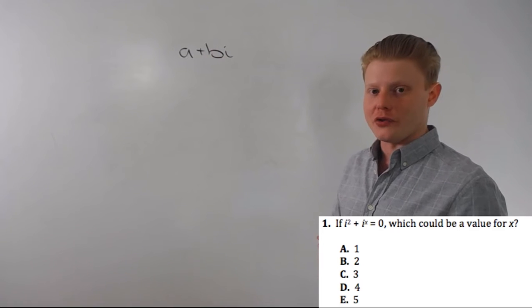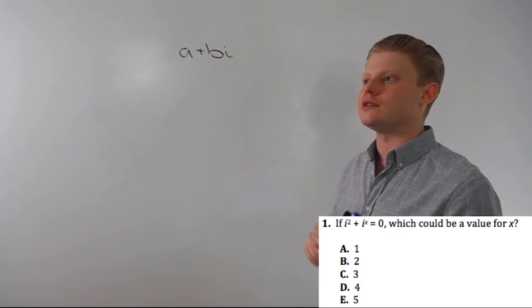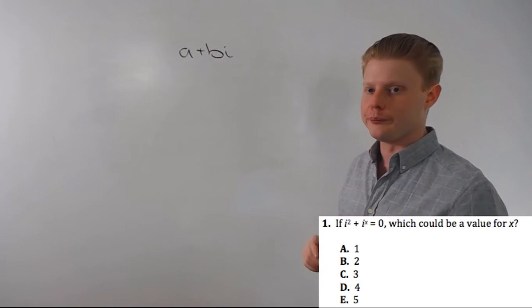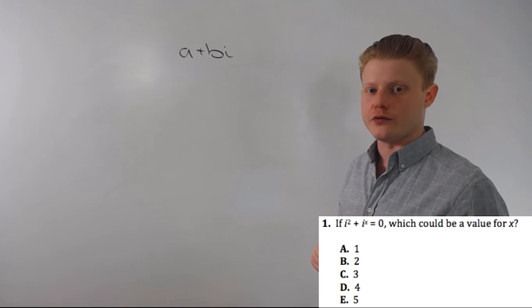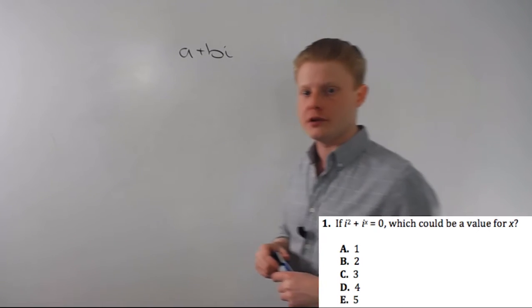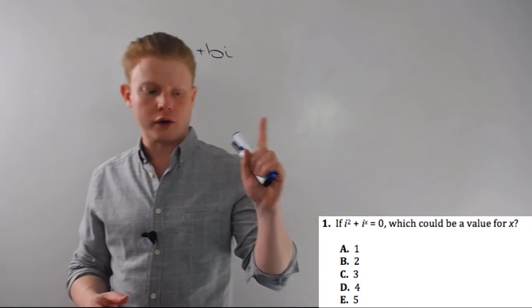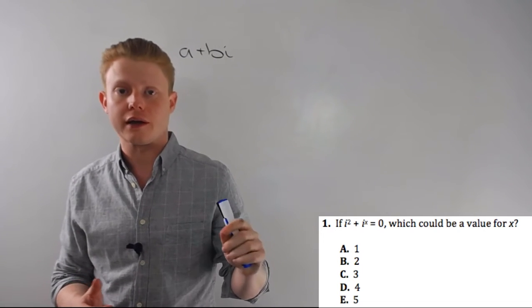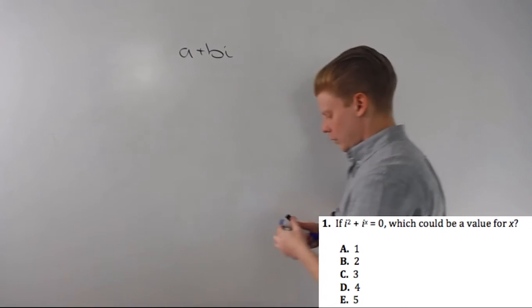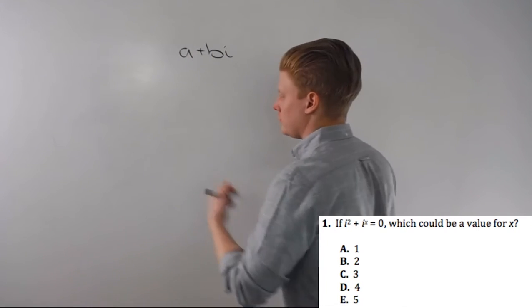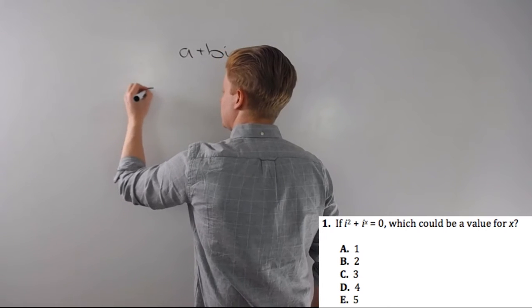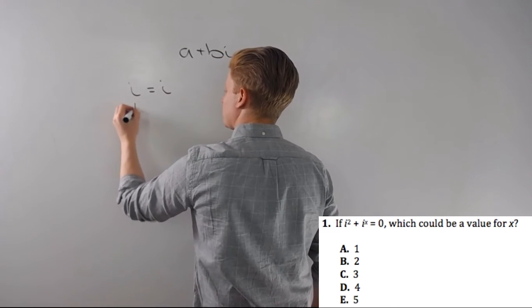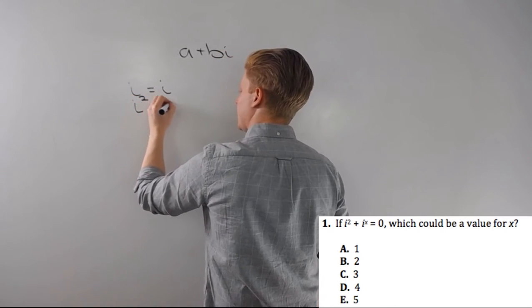Here's the rule of thumb with I, and this is the big concept for you to remember. Treat I like a variable, except when it's to a power greater than 1 or other than 1. It could be -4, would be the same thing. When I is squared, it becomes -1. So I is just equal to I. I squared is equal to -1.